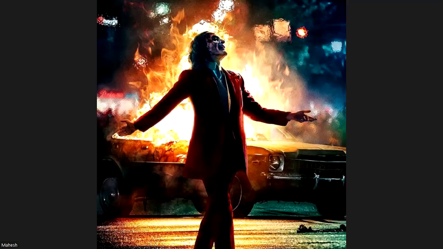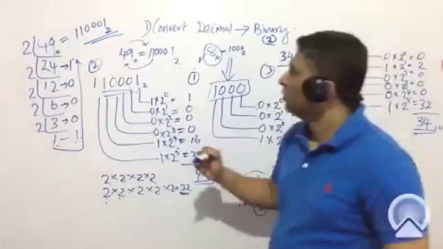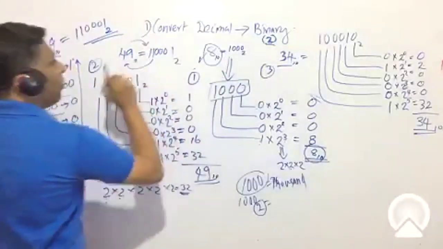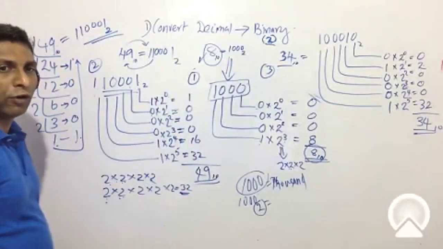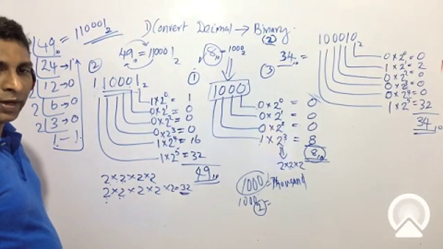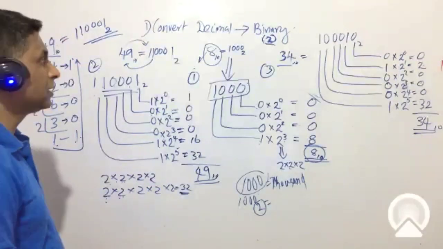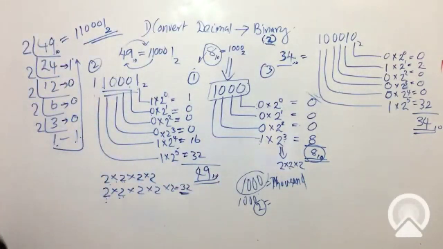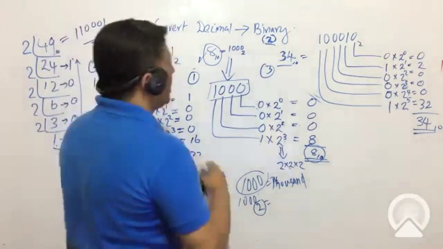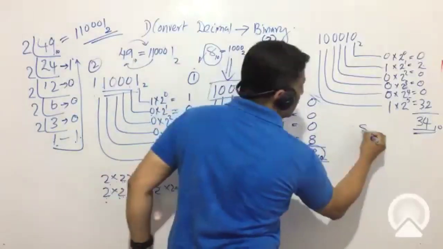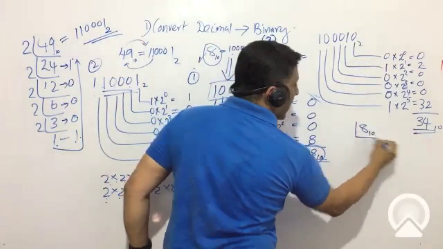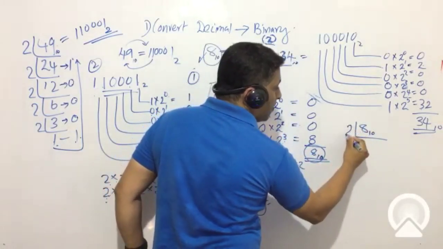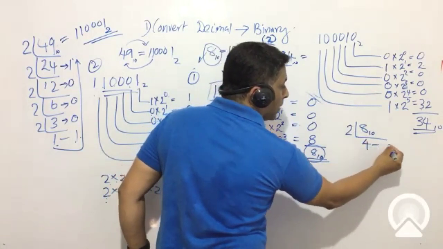Okay, sir. So we converted 8, 34 and 49 to the binary form. We've got another 2-3 minutes, so I will show you one example. Write it down like this. I take 8 and want to convert decimal 8 into the binary form. Divide by 2: 4, remainder 0.